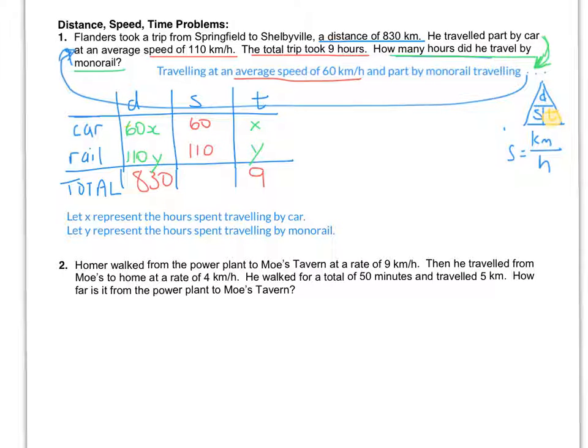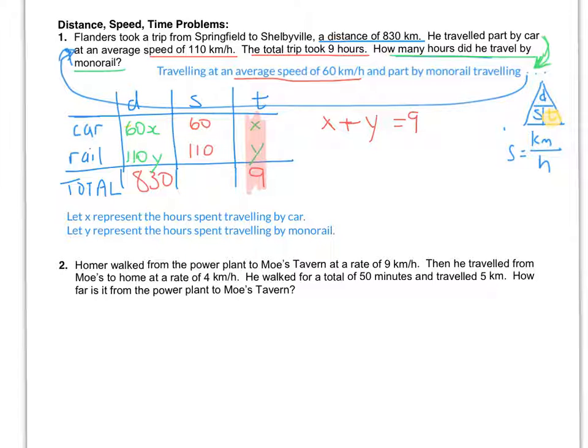Okay, once we've got our let statements there, we can start building our equations. We know that the total time would be 9 hours. So if I look at what I have here in this column, my time is X and Y, and they have to total up to be 9. So my first equation, or one of my equations, could just be that X plus Y equals 9.